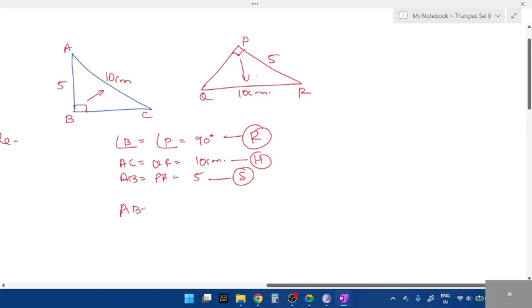So you write triangle ABC is congruent to triangle. For angle A, which one, students? See, I'll tell you how to identify. This angle A is in between 5 and 10, right? On the other one, which angle is in between 5 and 10? R is in between 5 and 10.